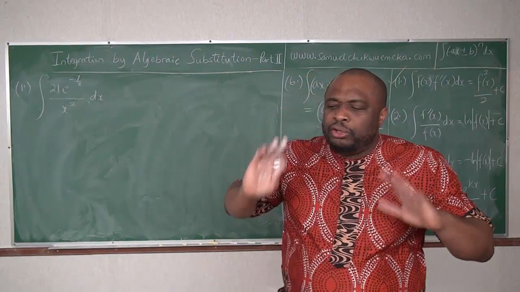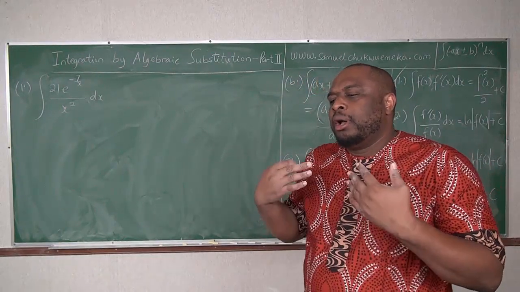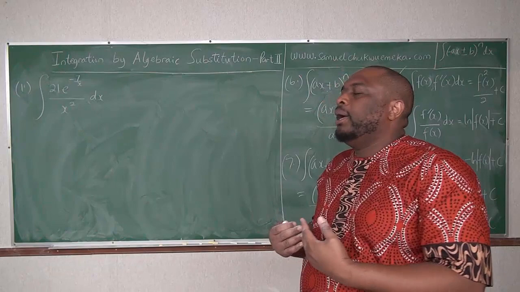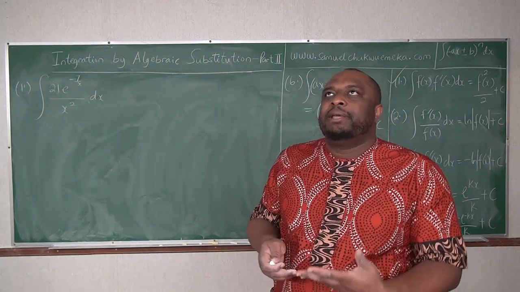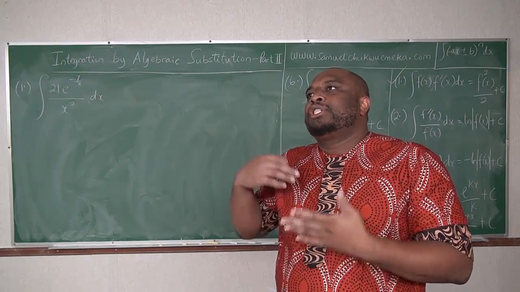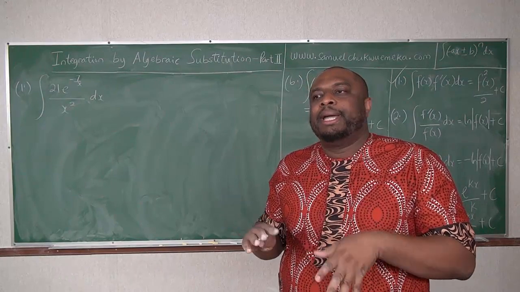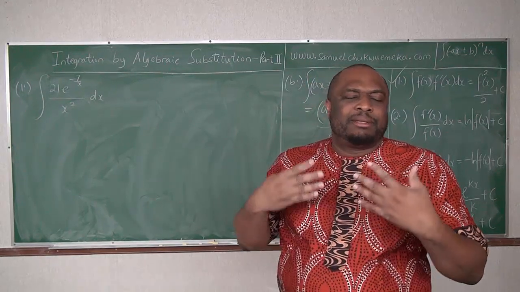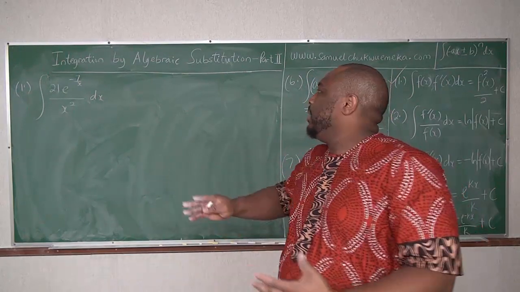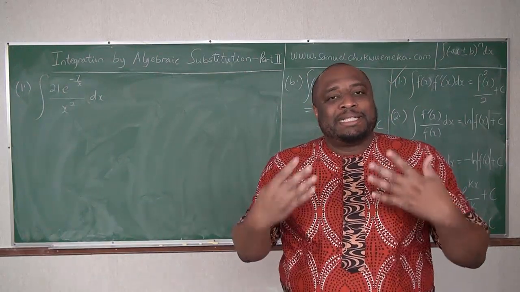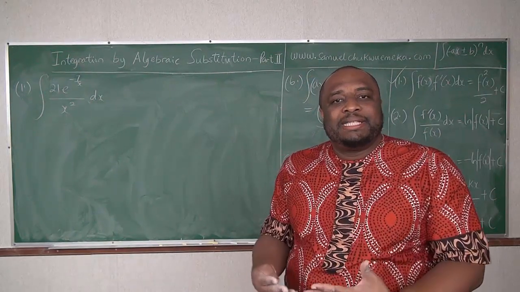So you look at this now, you ask yourself, what do I substitute? You substitute so that when you find the derivative and you substitute back, something might cancel. It's not mandatory that something must cancel. It will just make it a simpler form for you to find the integral.